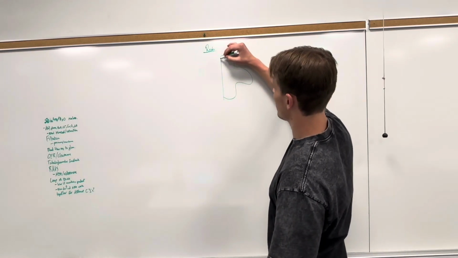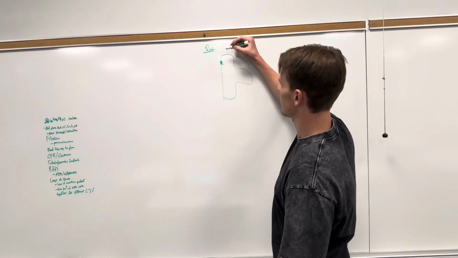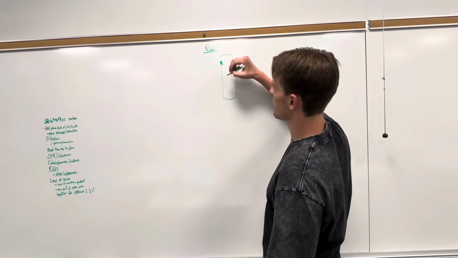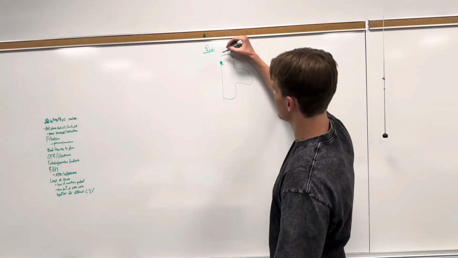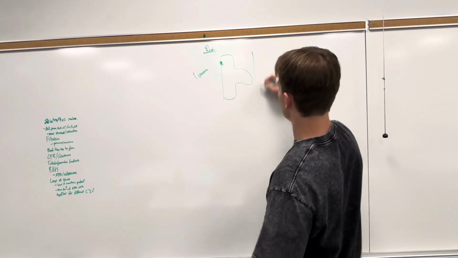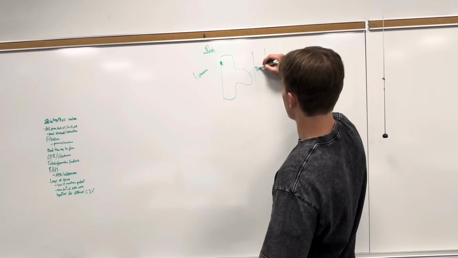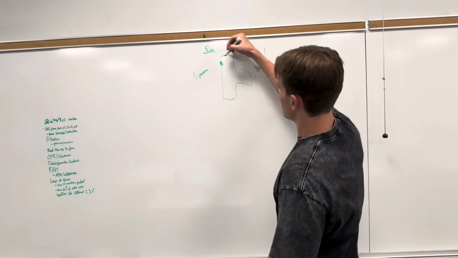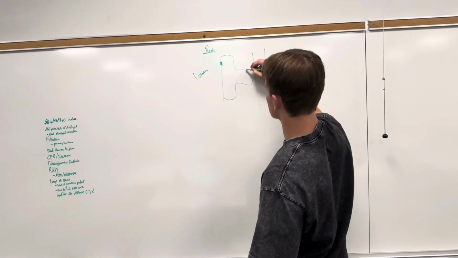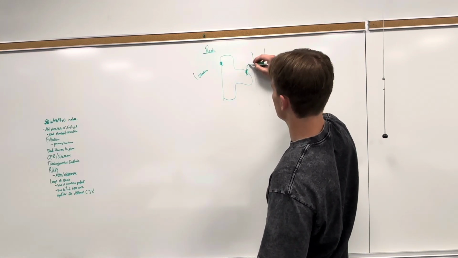And we have a couple of different specific proteins for each one of these. This in here is the lumen of the nephron, and this here is our blood. So right here first of all, we have the sodium-potassium pump.